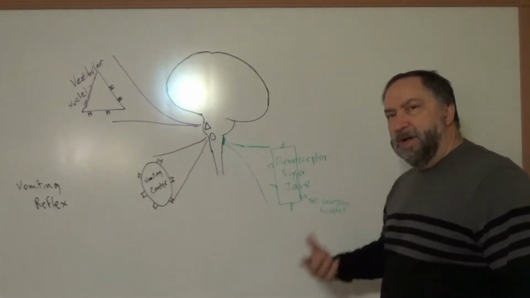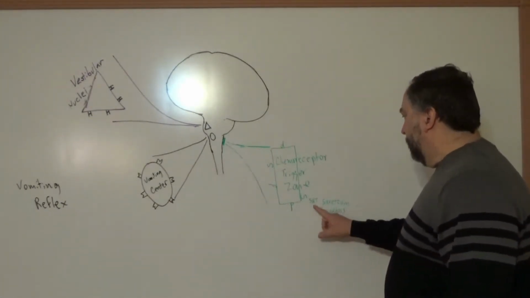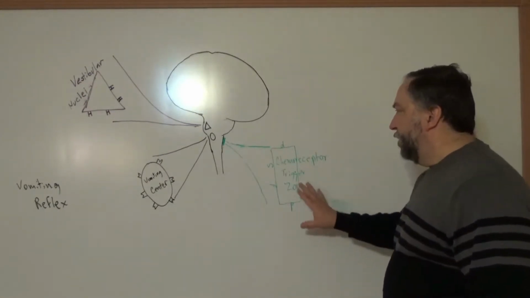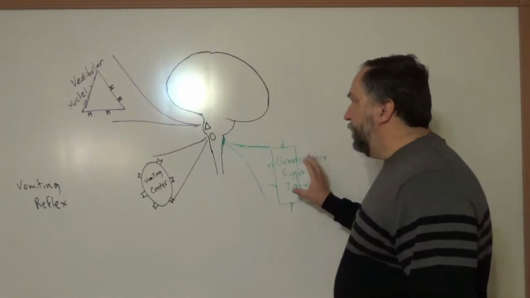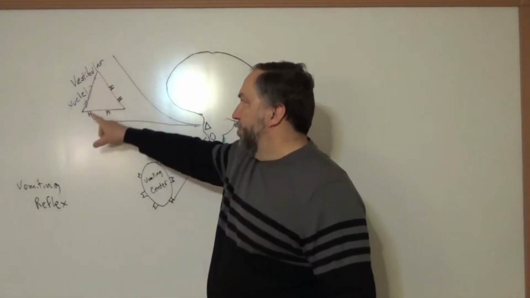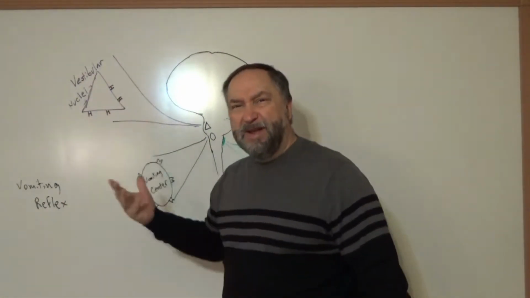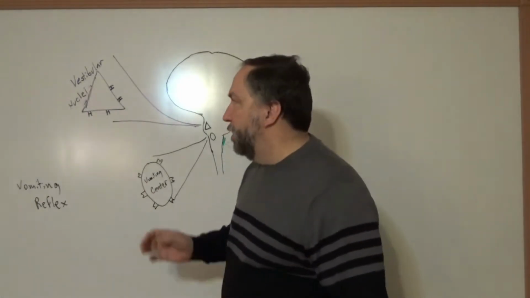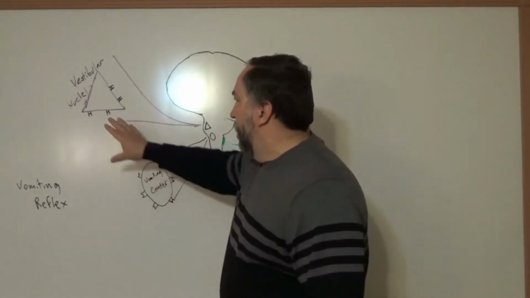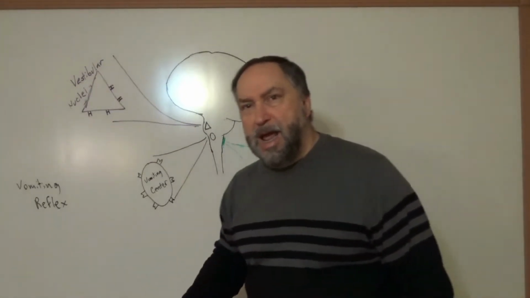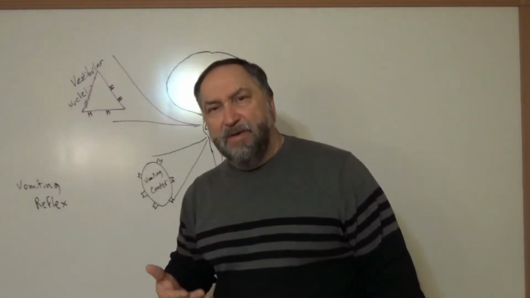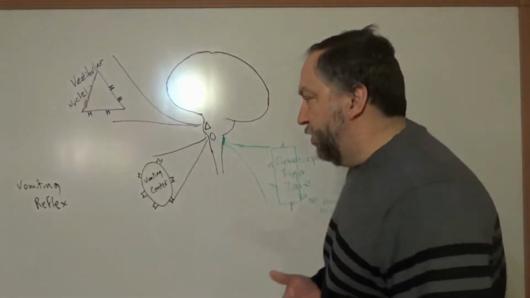There's a lot of different types of serotonin receptors, and these are a specific kind here in the chemoreceptor trigger zone. And then up here we have the vestibular nuclei that we'll be talking about. Vestibular comes from the vestibule in the inner ear.